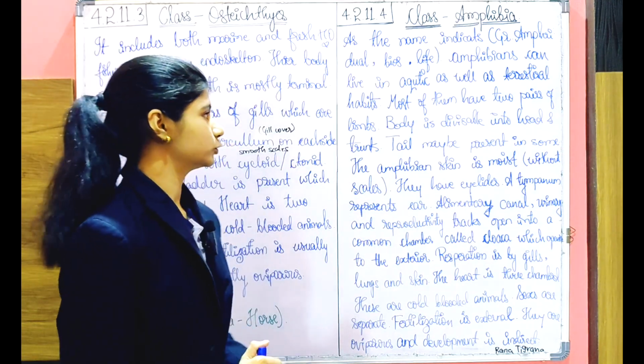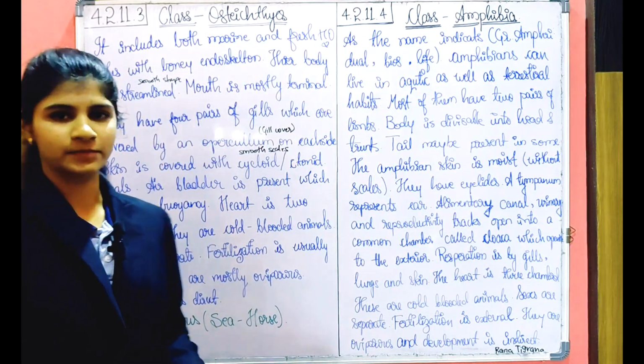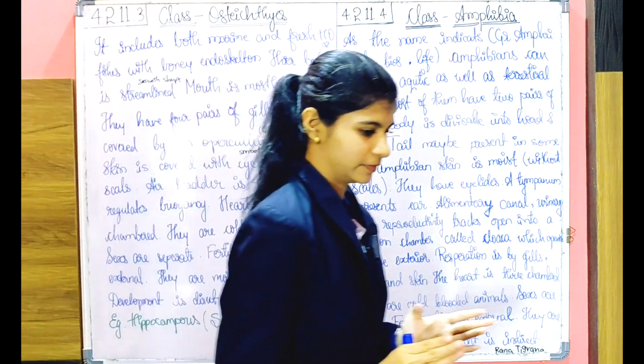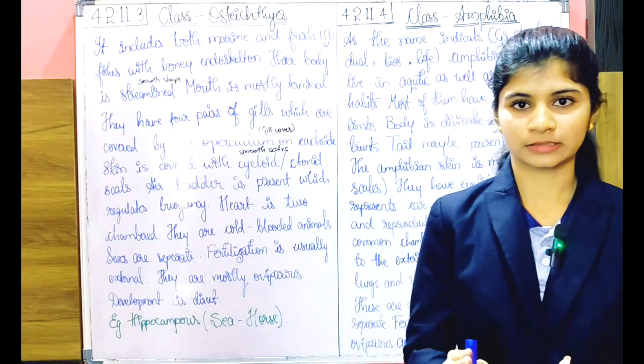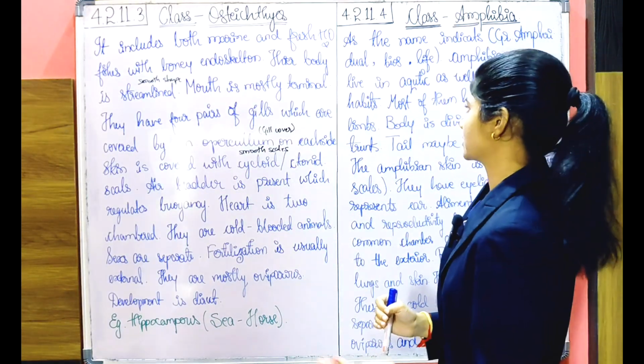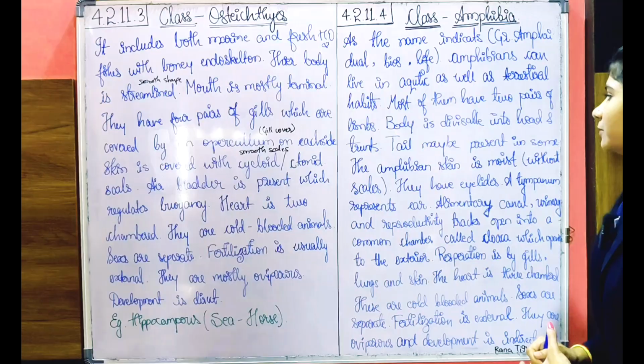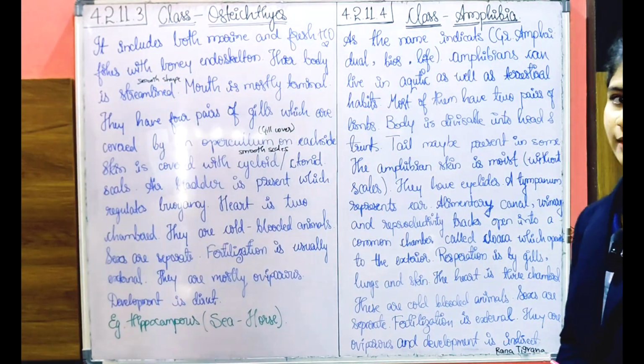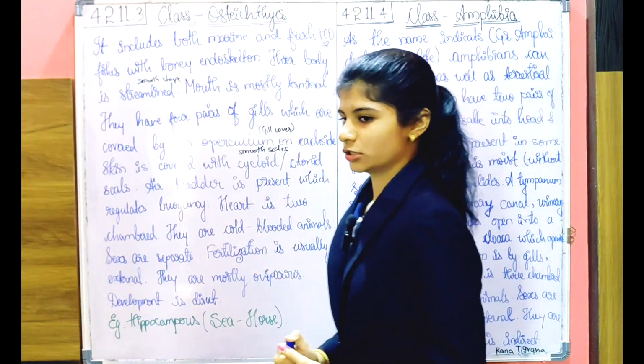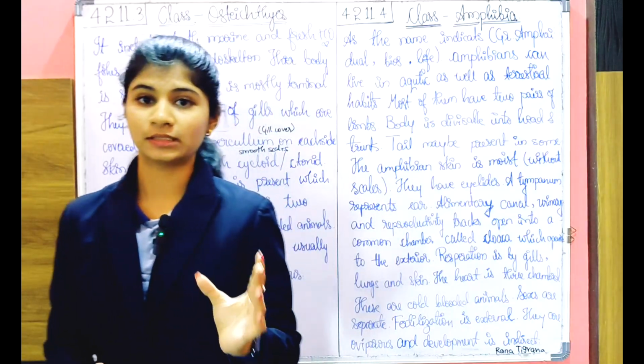Most of them have 2 pairs of limbs. The body is divisible into head and trunk. Why not the neck?